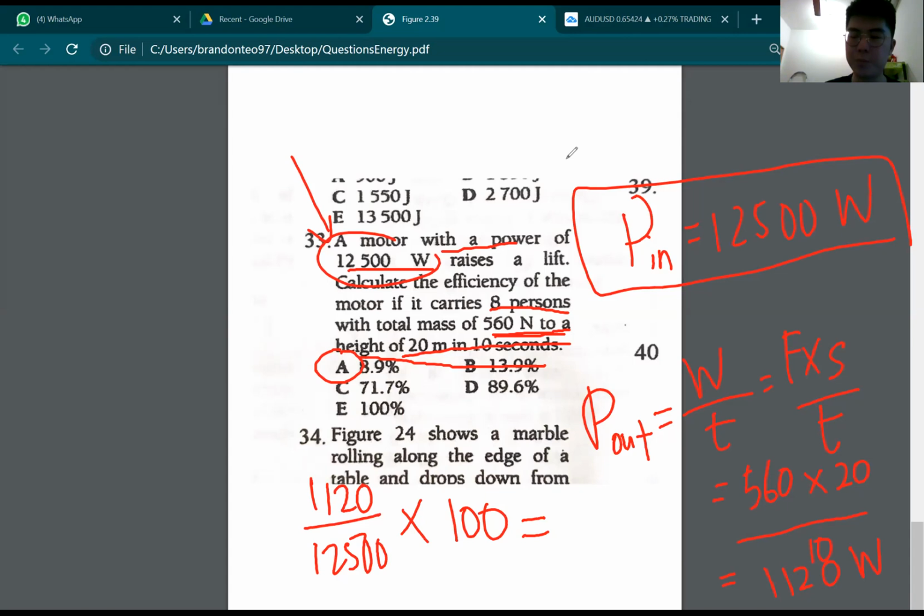Now we have finished the lesson today. You have learned about work done, power, efficiency, and energy. I have a lot of exercises here, taken from all the physics workbooks.